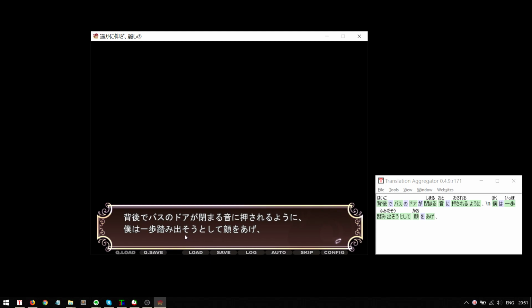This is the pattern, and the meaning of this pattern. Normally it'd be fumidasu. Now it's fumidasou to suru. And this means to try to do that action. So it's volitional plus tosuru. And fumidasou to suru means to try to fumidasu.